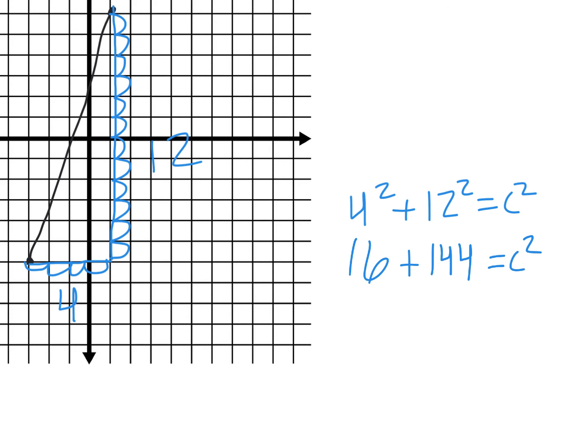If I add 144 to 16, I get 160 equals c squared. And then I can take the square root of both sides to get c by itself. So the square root of 160 will be the length of our hypotenuse here between our 2 coordinates. And the square root of 160 is about 12.65.